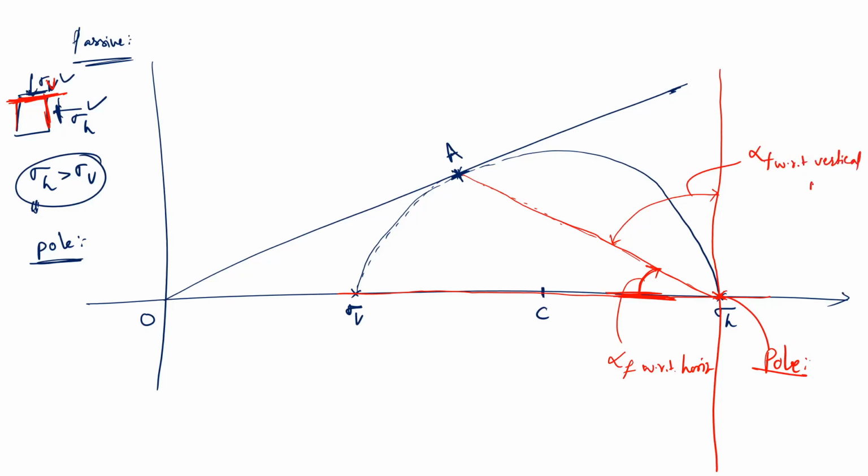That is the pole concept. Now I will complete this by drawing a line between sigma V and A. Just now we found out that if this is phi, then this will be 45 plus phi by 2.